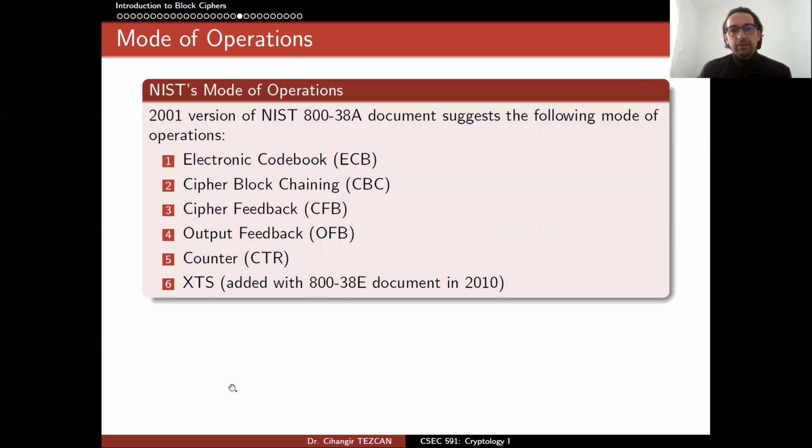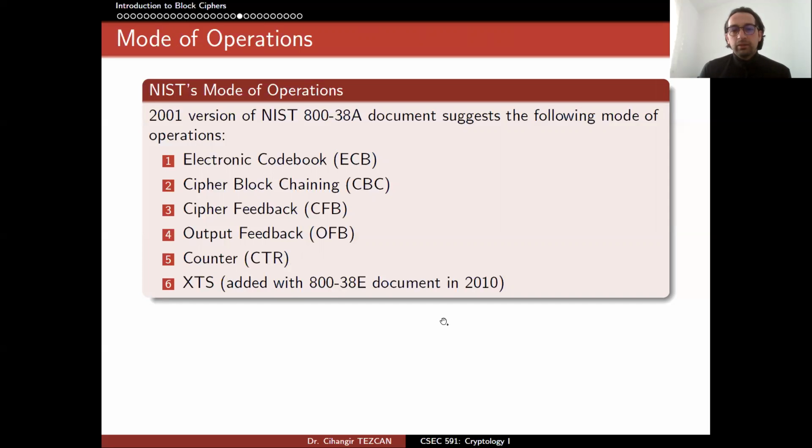So NIST has a document, and in the 2001 version of NIST document 800-38A, they suggest the following modes of operation. The first one is ECB, but again, this is just for benchmarking. You should never use it. The others are cipher block chaining, cipher feedback, output feedback, and counter modes.